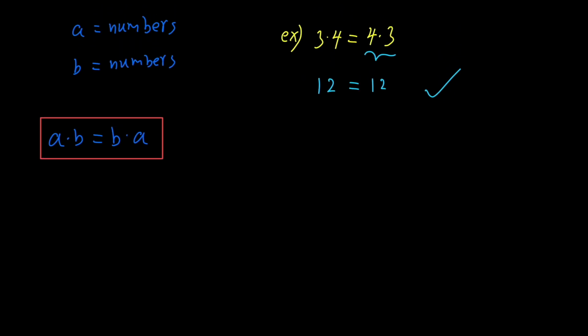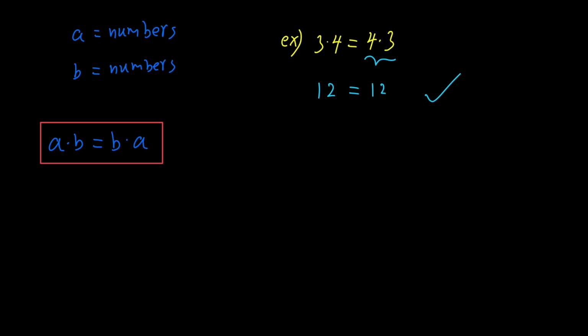Let's say I have 3 numbers right now. Let's say 1 plus 3 plus 2. I want to put the parentheses around number 1 and number 3. Then I want to calculate the final result.